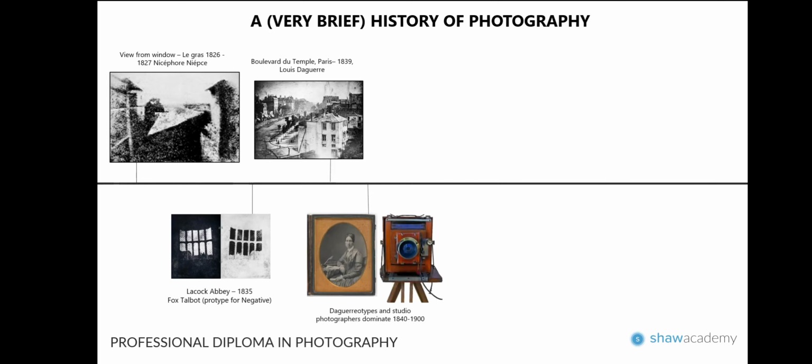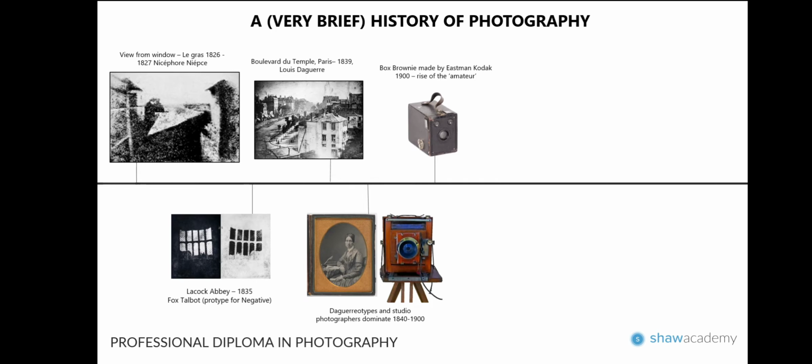And the daguerreotype then determined the photographs for the next couple of decades after that. Studio photographers dominated, so photography wasn't really something that was available to the masses until 1900, when we got the Box Brownie developed by Eastman Kodak, and this was the rise of the amateur.